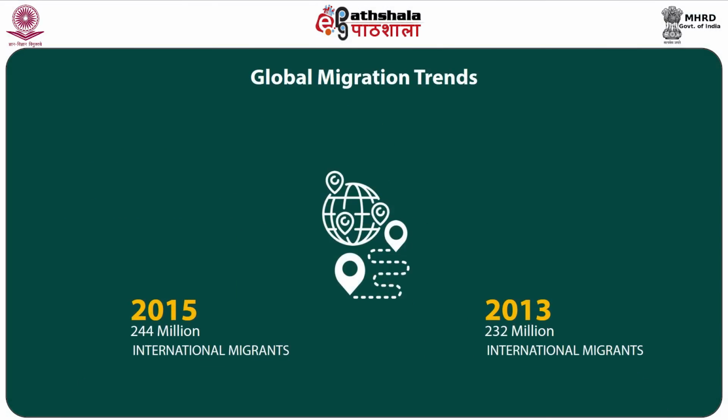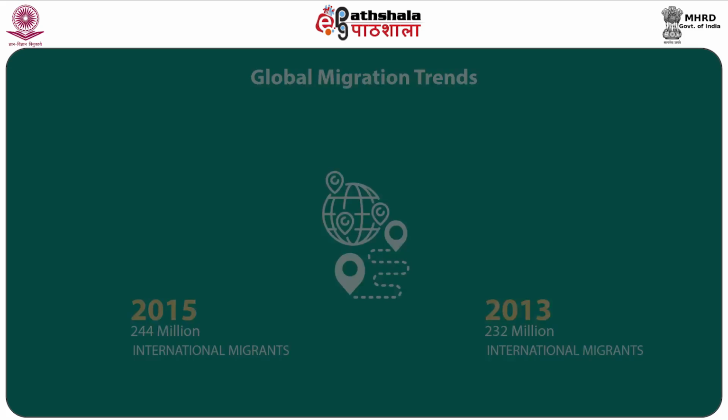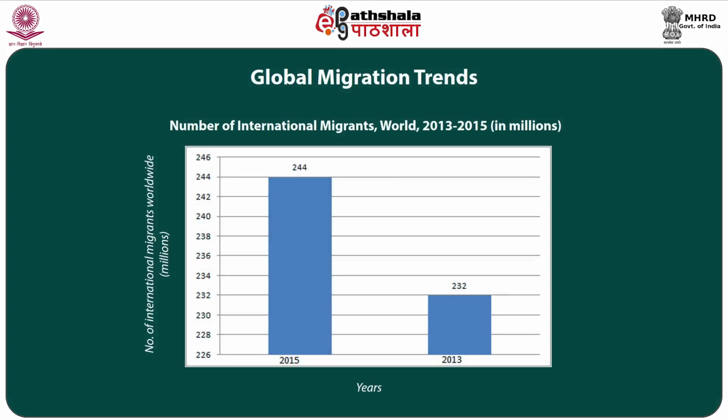In 2015, the number of international migrants worldwide, that is people residing in a country other than their country of birth, was the highest ever recorded. It reached 244 million from 232 million in 2013. As a share of the world population, however, international migration remained fairly constant over the past decades at around 3%.